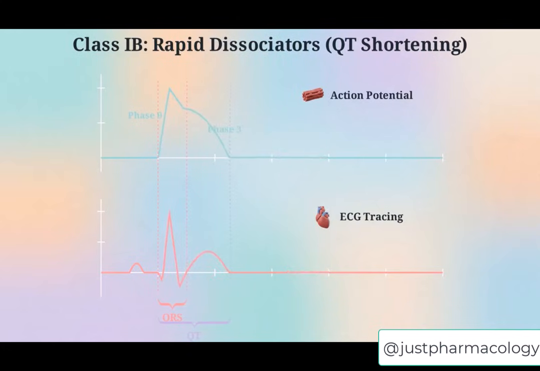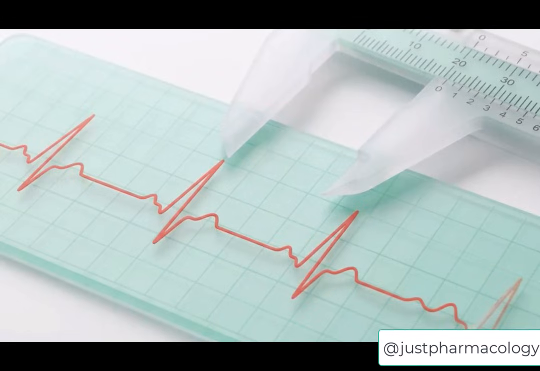With a Class IB drug, the normal phase 0 leaves the QRS unchanged. However, its unique kinetics actually accelerate phase 3 repolarization slightly, resulting in a shortened QT interval. An ECG tracing provides a direct, real-time readout of these molecular receptor kinetics in action.